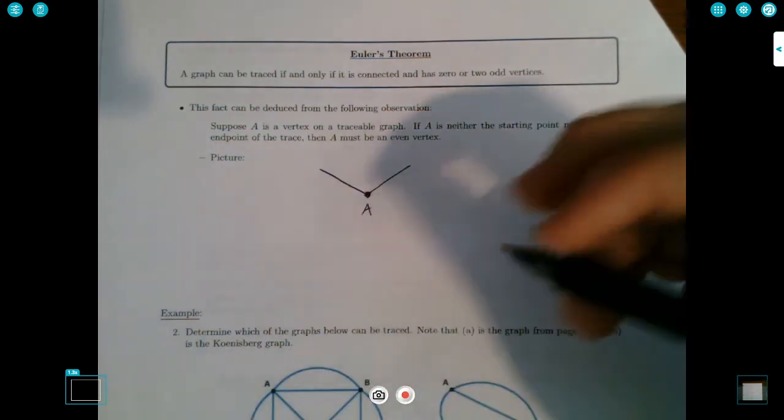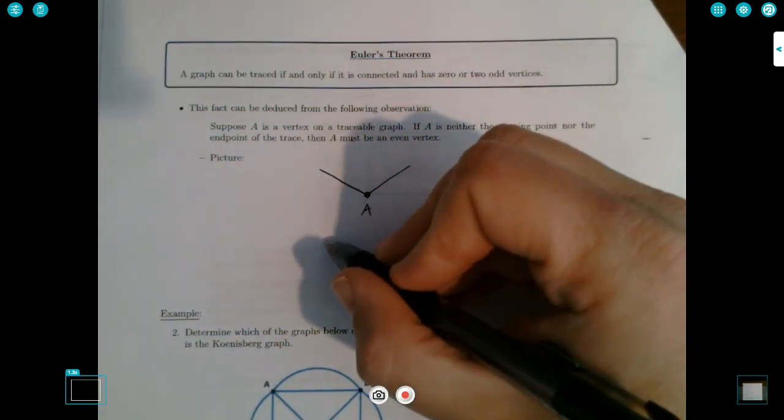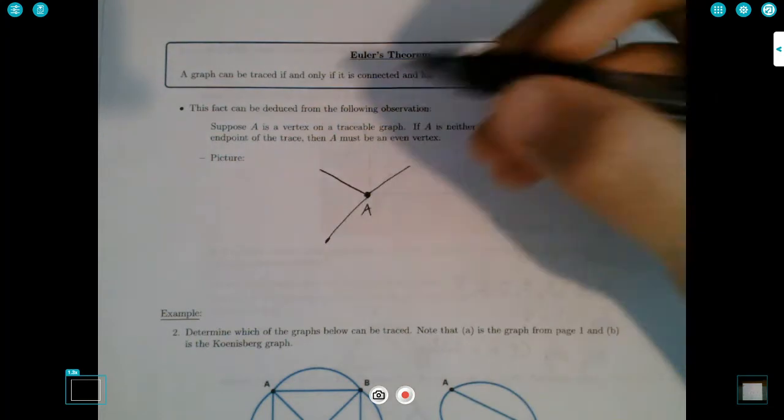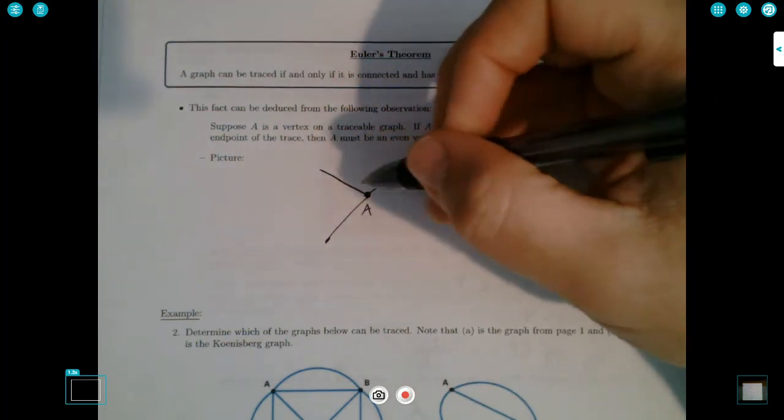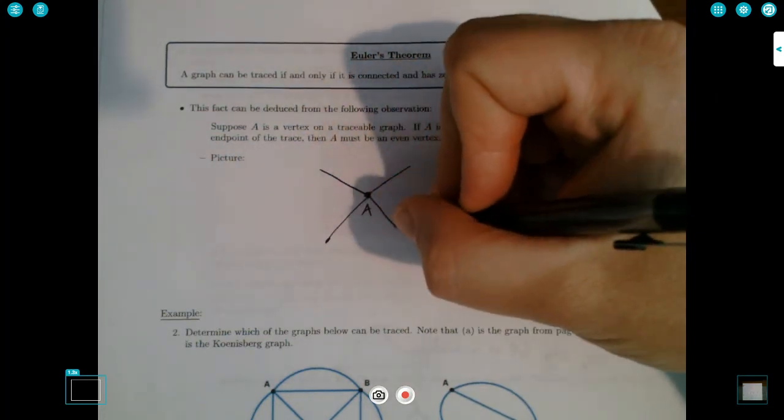And if there were, say, a third edge coming in, then since you've already traversed these two edges, there would have to be another edge to escape.